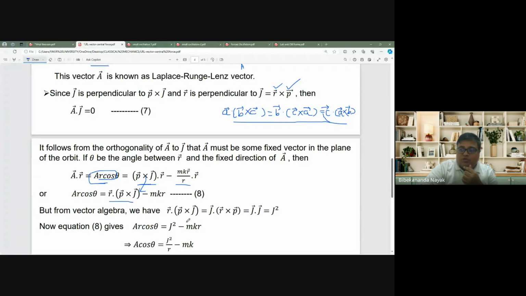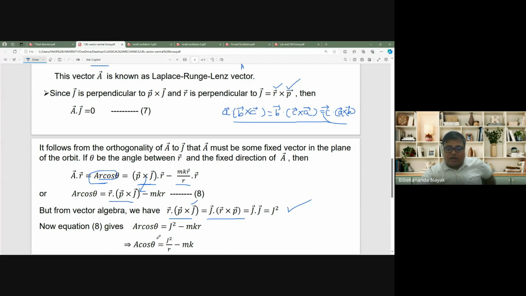In the second step, with the identity, r dot P cross J means A dot B cross C, which is equal to B dot C cross A or C dot A cross B. We take C dot A cross B. Here C is J, so J dot r cross P, but r cross P is J, so J dot J is equal to J squared.